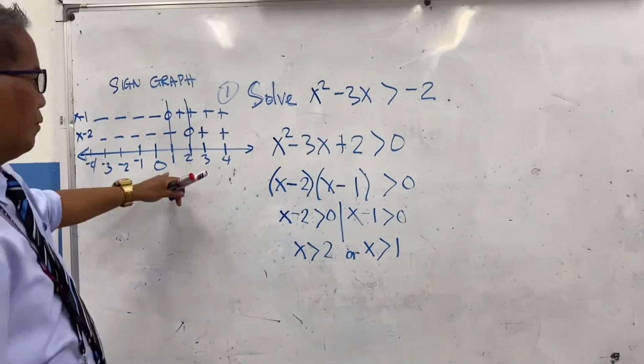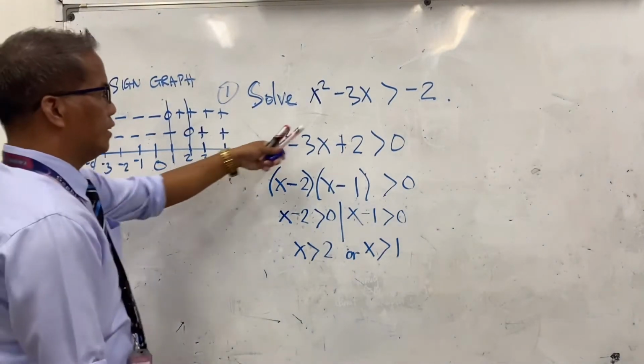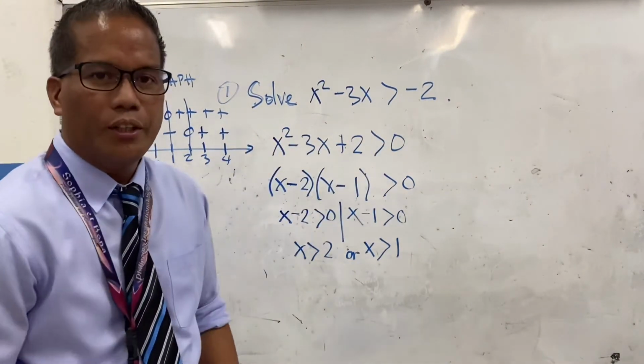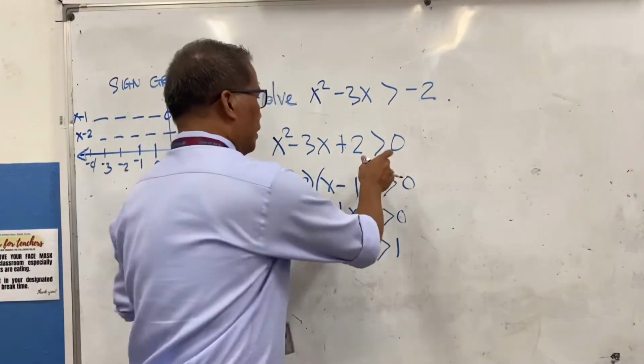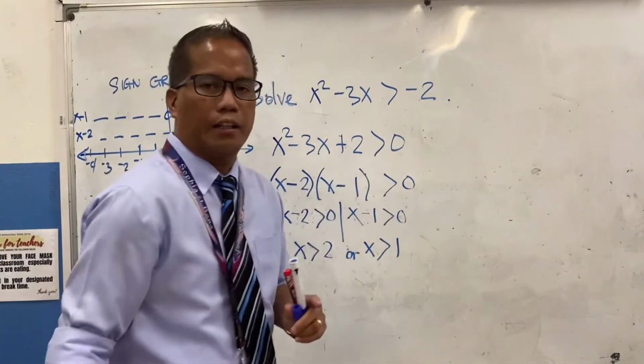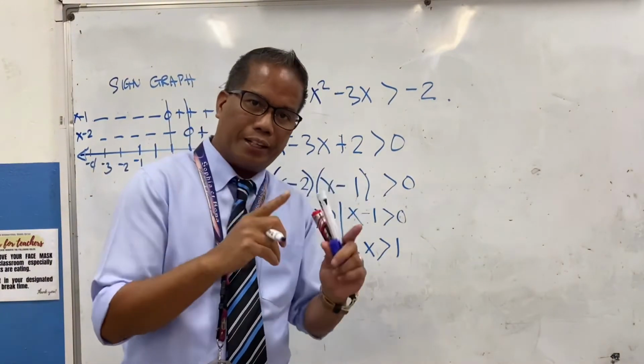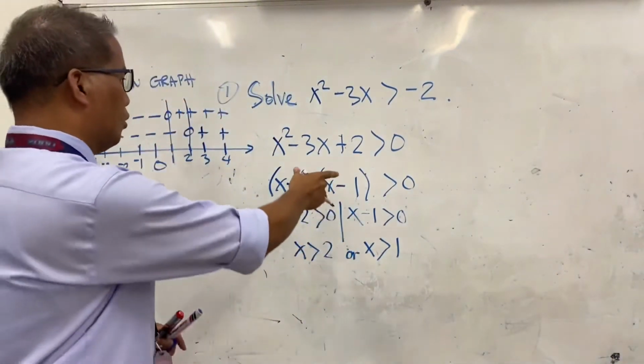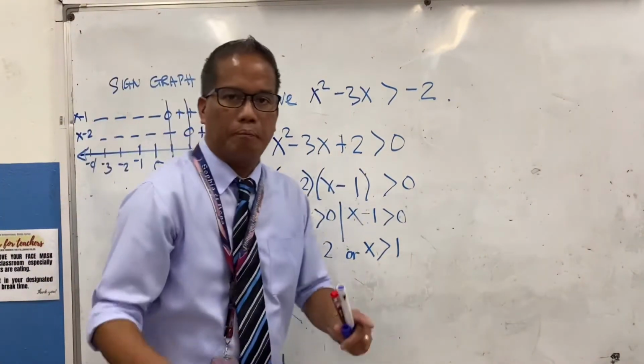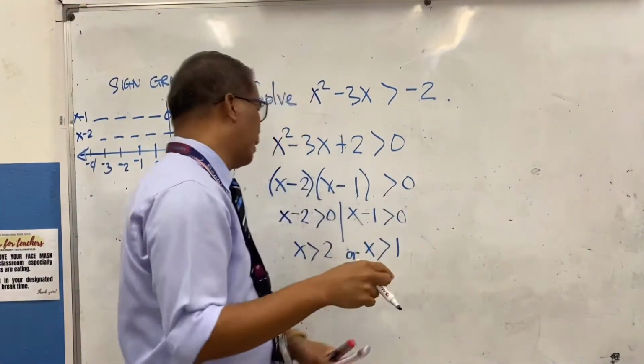Since this is greater than, the two factors in order to meet this condition, inequality greater than 0, must be positive times positive, or negative times negative.